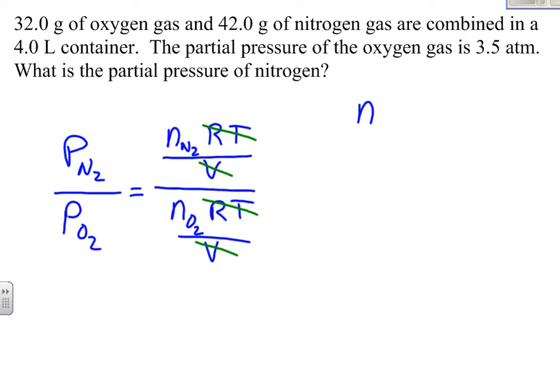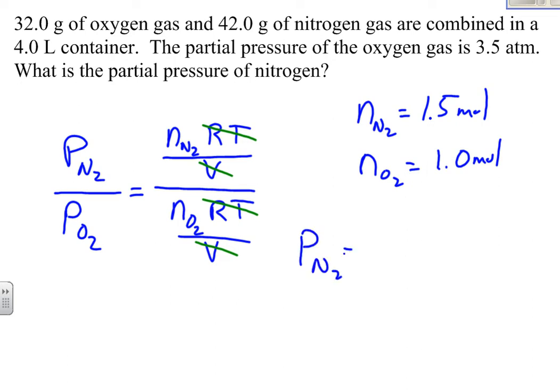So doing a little bit of math here, my moles of N2 is 1.5 moles. My moles of O2, 1.0 moles. So if I take a look at my pressure of N2, then it would be equal to the pressure of the O2 times the moles of N2 divided by the moles of O2.